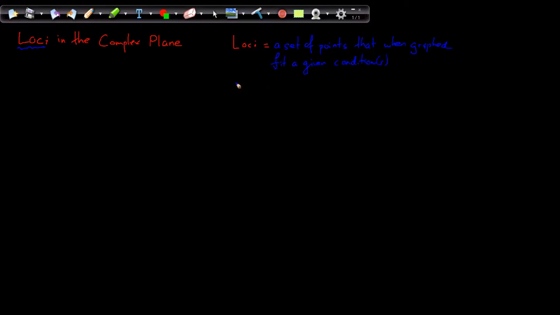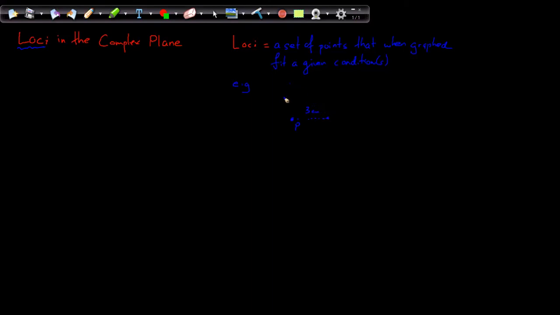Okay, so for example, if we had a point here, say point P, and the condition was we wanted to sketch all the points that were 3 centimeters from P. Well, let's say that's 3 centimeters.